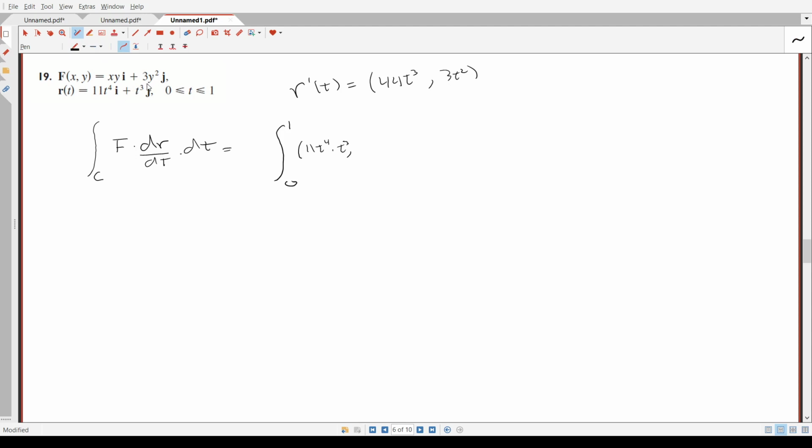And then I have 3y squared, so it's going to be 3 times t cubed squared, dot r prime, 44t cubed and 3t squared, integrated with respect to t. Okay, so I do the dot product and I get 440 plus 484.